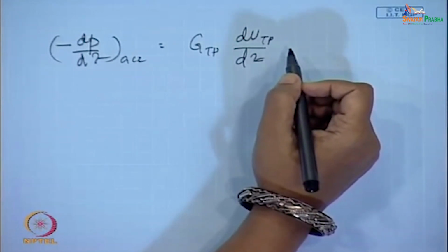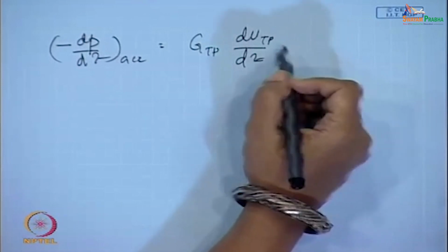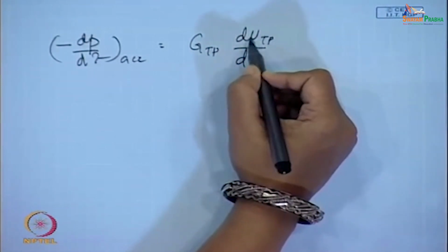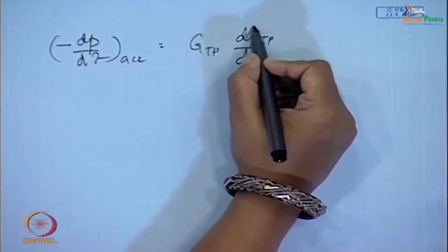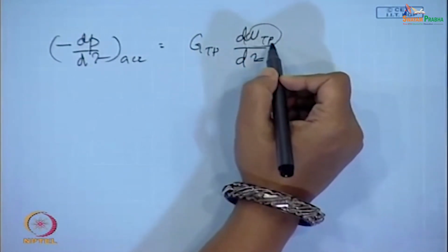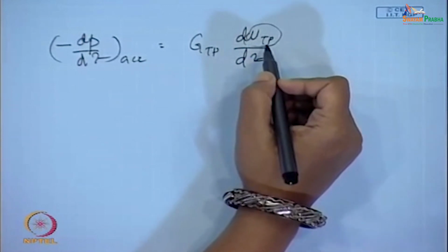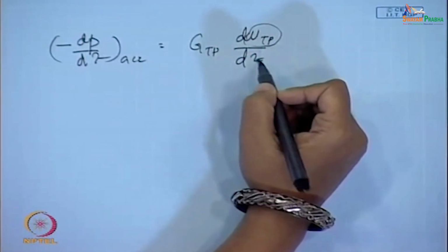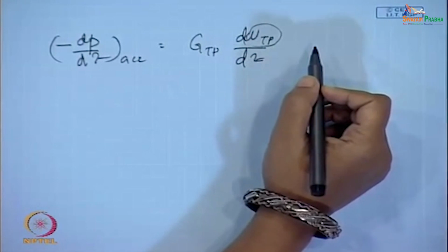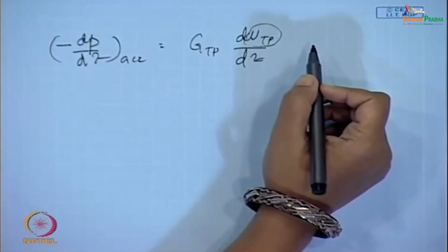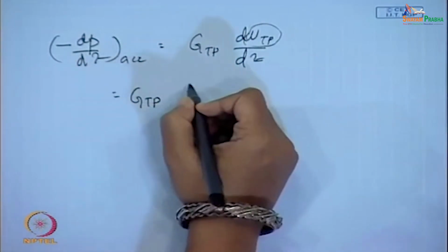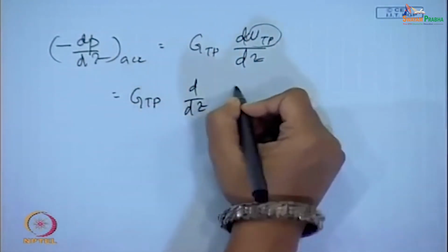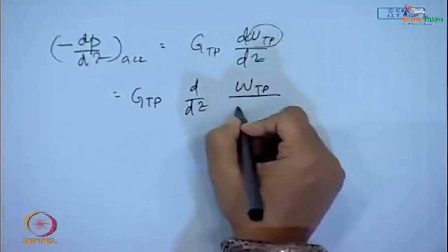And there is one more thing, if there is an area change. So, in order to evaluate dUTP dz, what do we have to do? We have to express it in terms of those quantities which will be affected with axial distance, or which will contribute to the acceleration pressure drop. So, how can we express it? We can write it as d dz of, again basic definition.